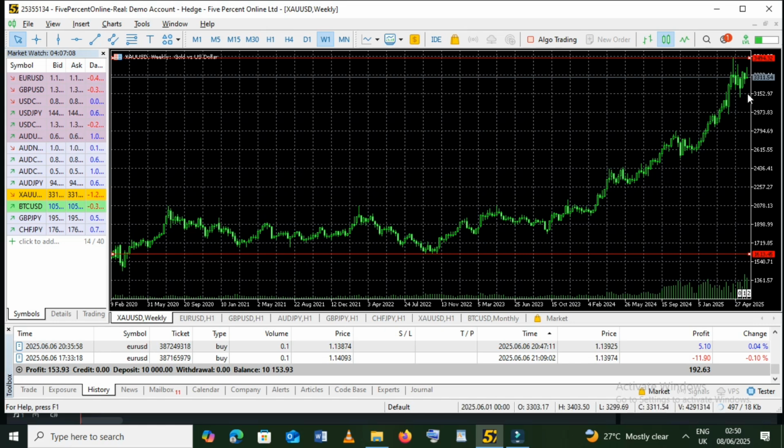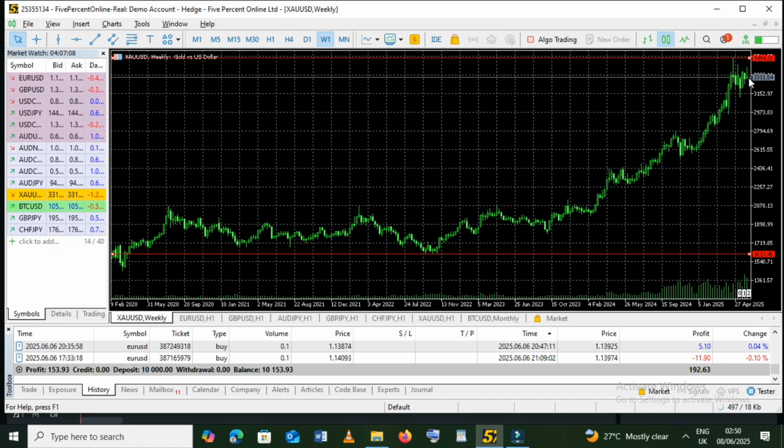You can look at the market at this particular time frame to have a larger picture of the market direction. Looking at this market, you can confirm with me that the market is still currently in a bullish direction, though it is closer to its resistance, which is its supply level or supply zone.